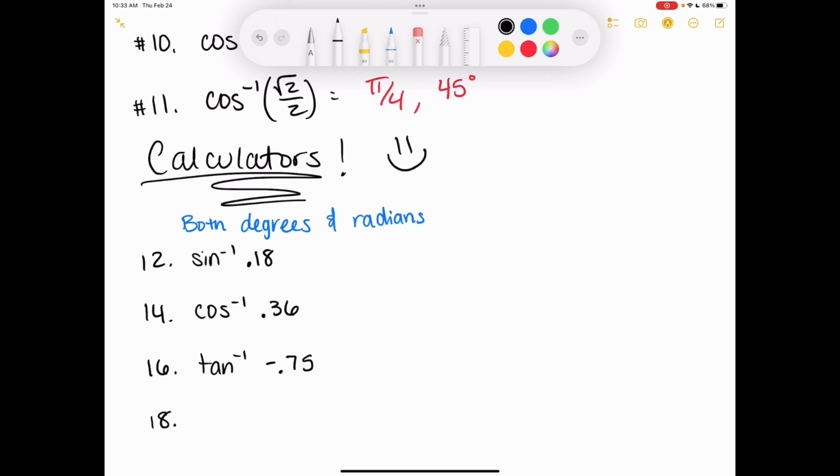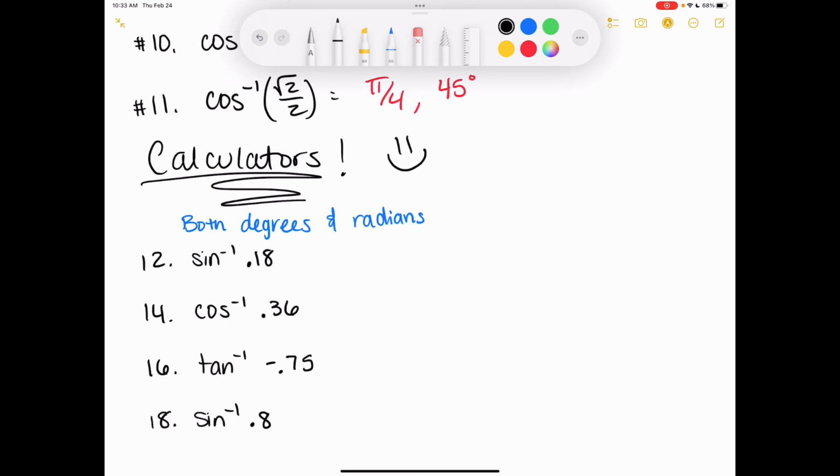And 18 is the arc sine of 0.8. Now, if you haven't figured this out by now, you could not do these problems without a calculator.